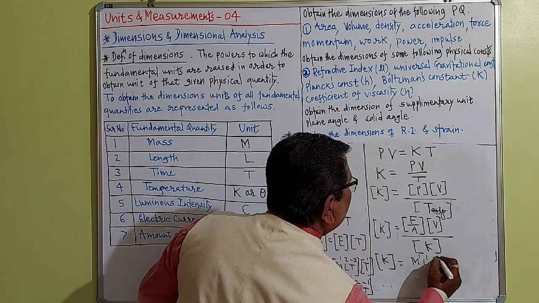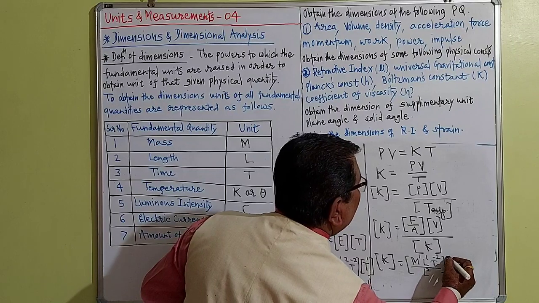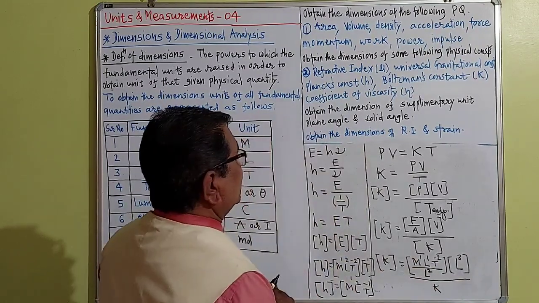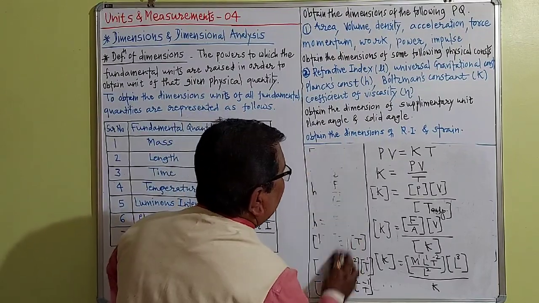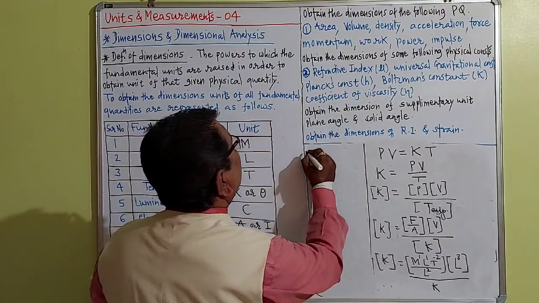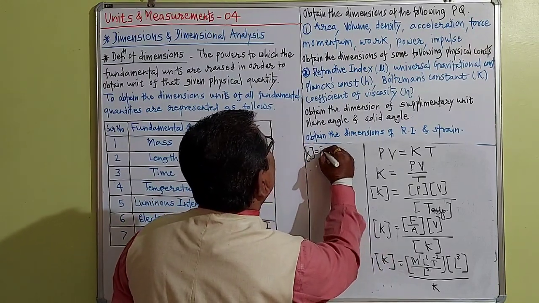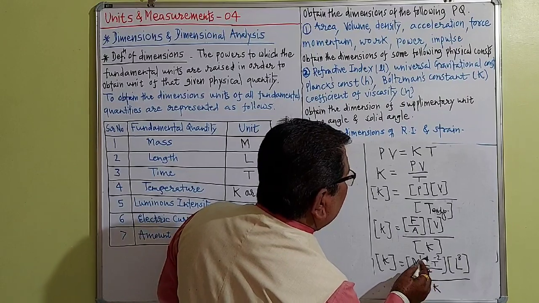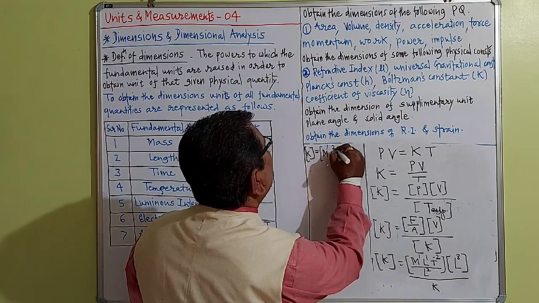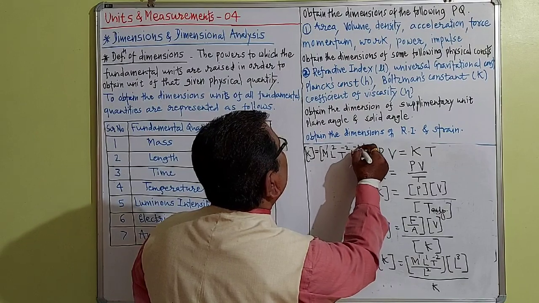M1 L1 T minus 2 upon area L2, into dimension of volume L3, upon K. So recombining this, you will get the dimension of K is equal to M1, L2, T minus 2, then K minus 1.